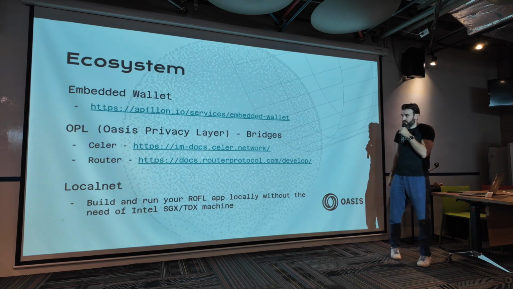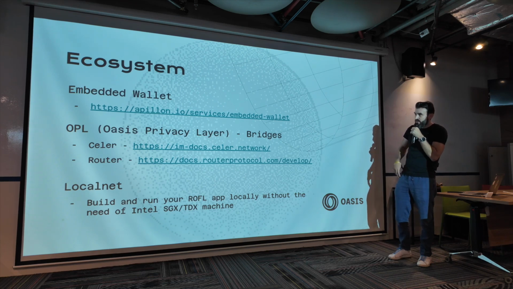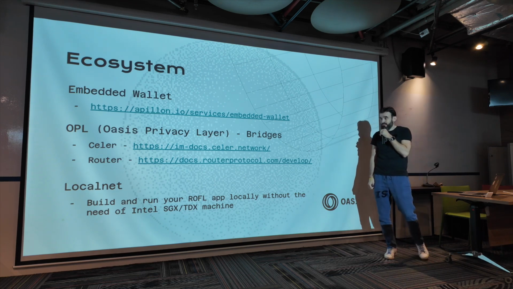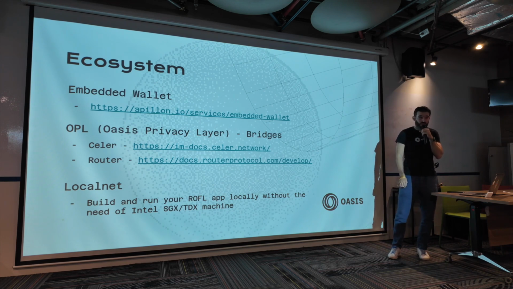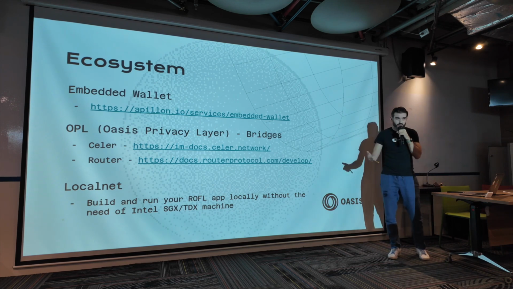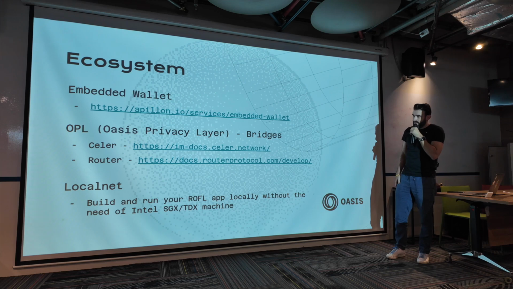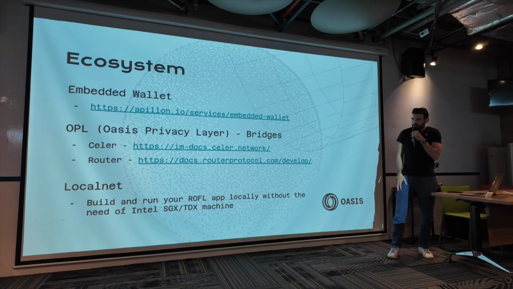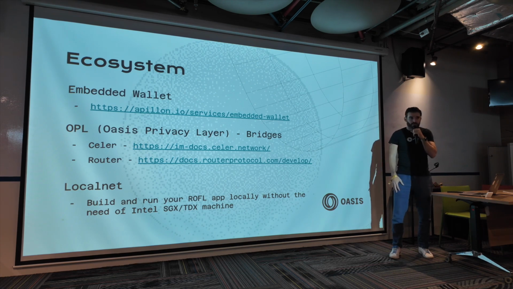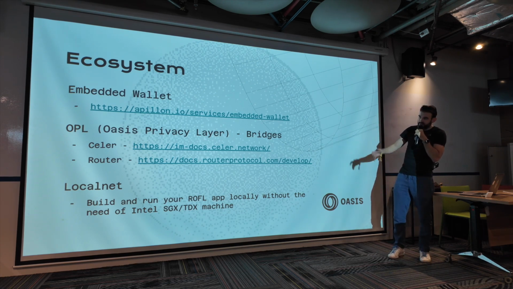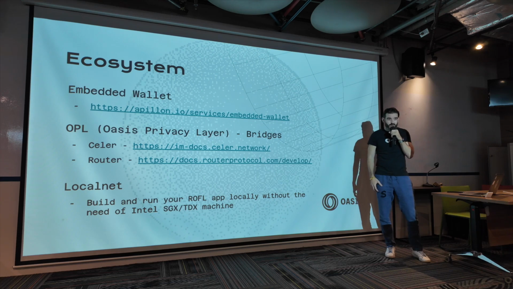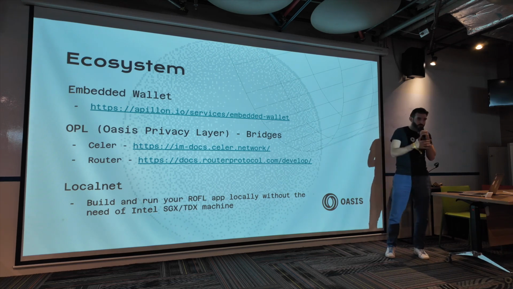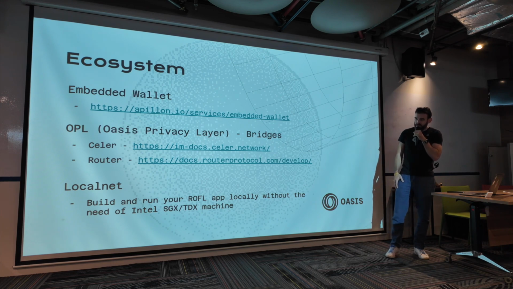We have also some stuff which you can use. I built a very nice SDK for an embedded wallet, which you can use and implement, or also build on top of. We have the Oasis privacy layer, with message bridges like Celer and Router, so you can connect to other chains, or have your main app on another chain and use our chain for privacy.